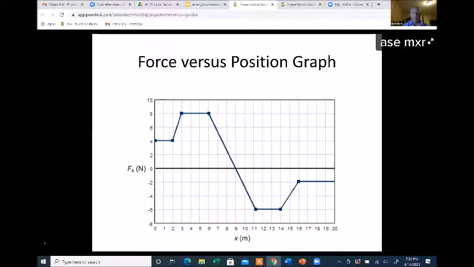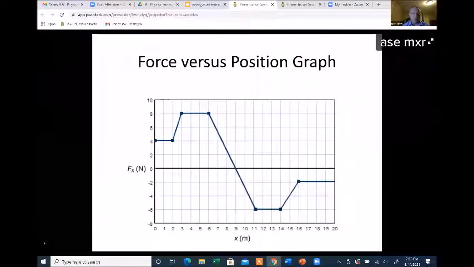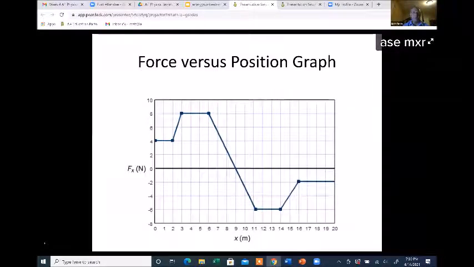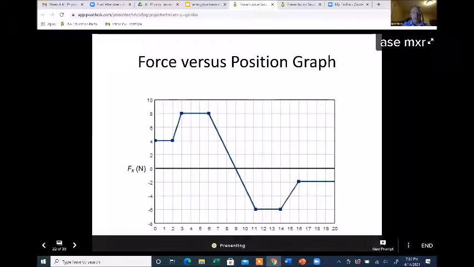That being said, here's an example. Sometimes you'll get messy curves like this. On one like this, you may have to divide that area into several different shapes, multiple rectangles, triangles, whatever it takes to calculate the work. If it's above the axis, the zero line, it's positive work.